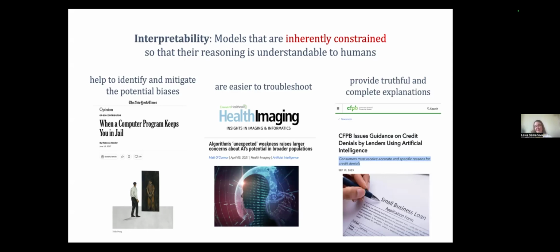This would not happen if an interpretable model was used and the whole chain of thought was provided to the customer, so they could see a complete explanation of what's happening and why they're being denied. On top of it, interpretable models can help to enable trust in the system.